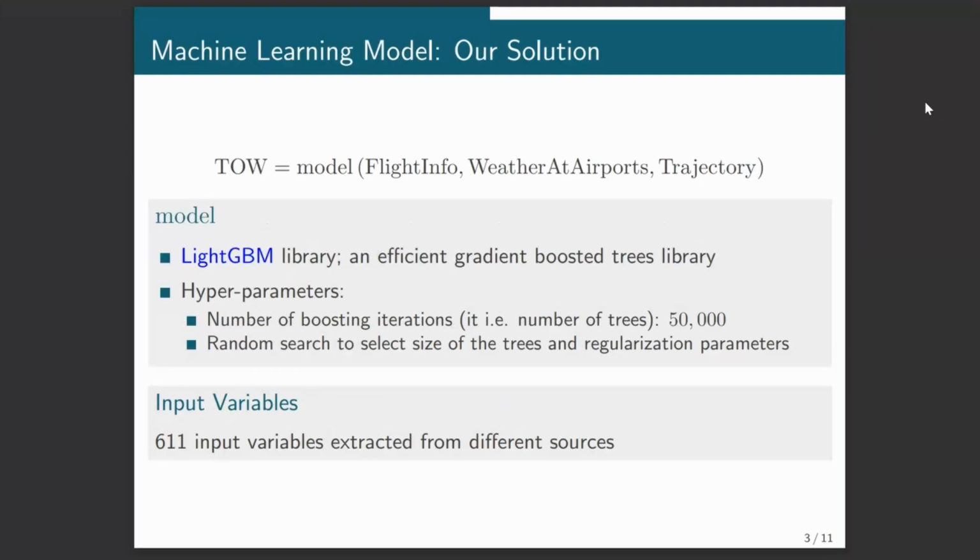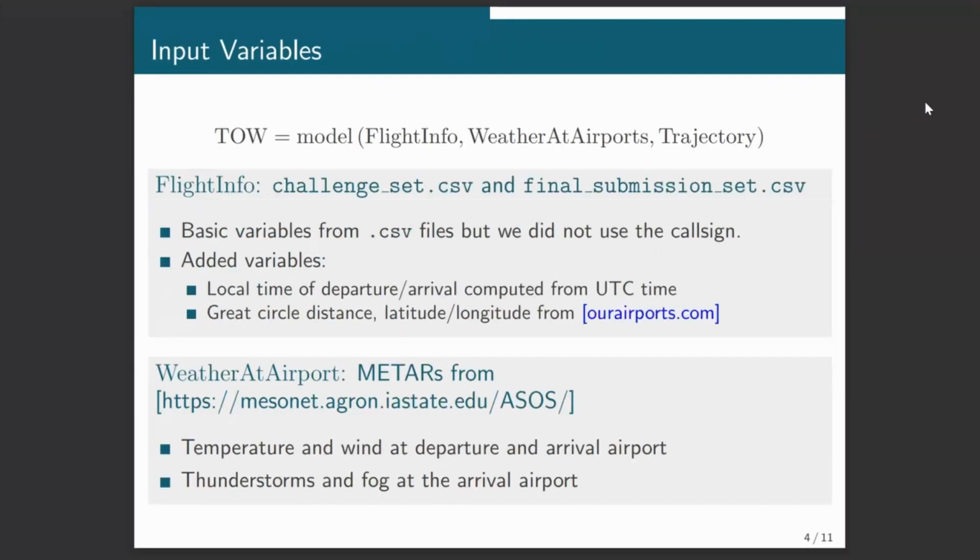So the first group is the flight information that comes from the CSV files. So all the variables in the CSV file will be used as input variables, all but the call sign, which is a categorical variable with a lot of categorical values, and we found that it was hurting the predictive performance in our experiments.